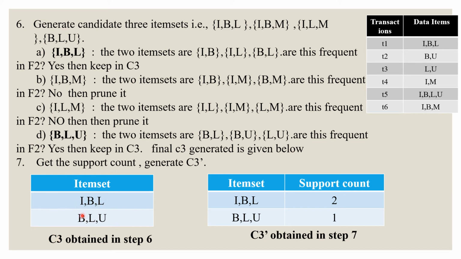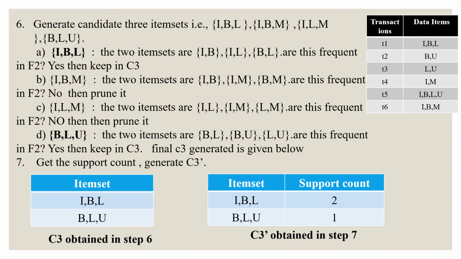IBL, how many times has it occurred? IBL in transaction T1 and transaction T5, so two times. So we wrote the support count value as 2. Next, BLU, how many times has it occurred? One time, in transaction T5. The support count value should be greater than or equal to 2.